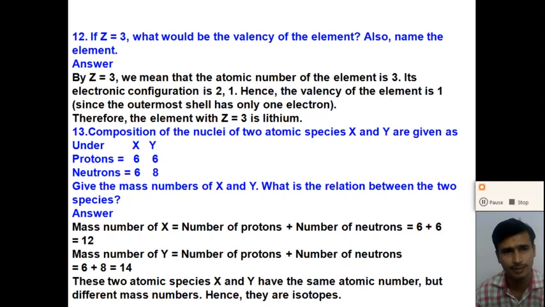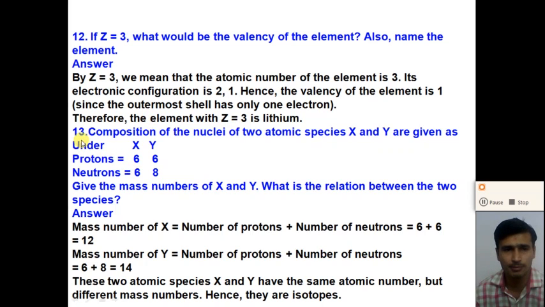So in the lithium atom, in the outermost orbit there is only 1 electron. So it has a valency of 1, since the outermost shell has only 1 electron, and the element with Z equal to 3 is lithium.